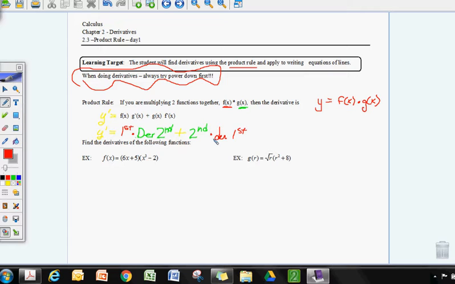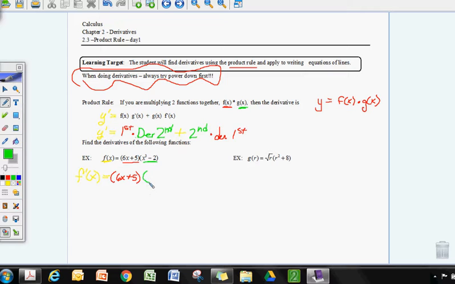So now, here is what we're going to do. I'm going to color code this just like I did before. So my f is yellow, so I'm going to write f prime here below it, f prime of x, and it's going to equal. Here we go. The red is this first parenthesis, and the pattern says just write down the first: 6x plus 5 times the derivative of that second.